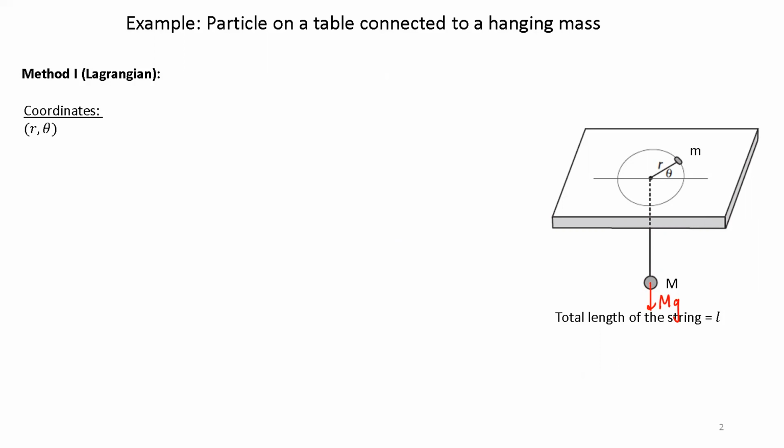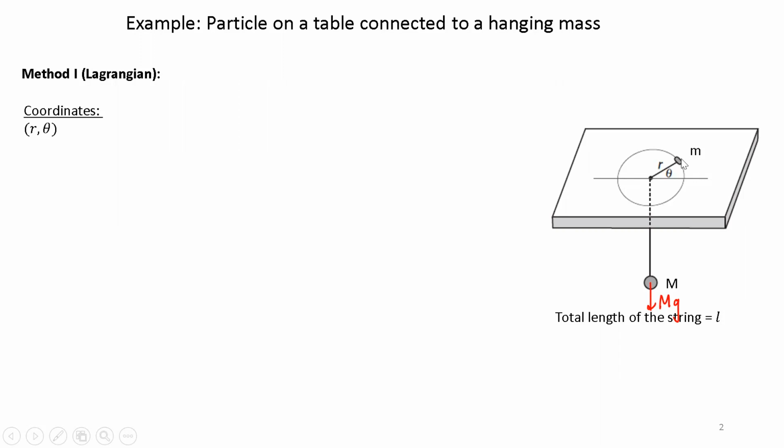We do that by first finding the Lagrangian of the system. For this small m, it's convenient to use r and theta as the generalized coordinates, so it can do circular motion.